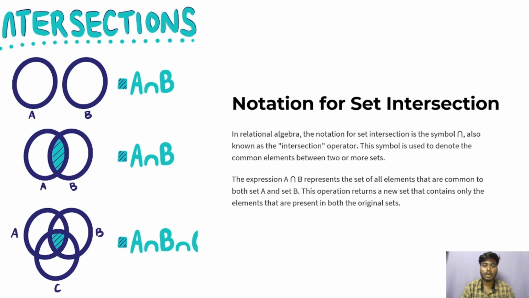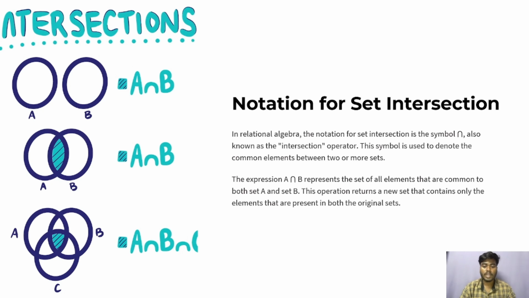Now let us see the notation for set intersection. In relational algebra, the notation for set intersection is the symbol as shown in the diagram, also known as the intersection operator. This symbol is used to denote the common elements between two or more sets.